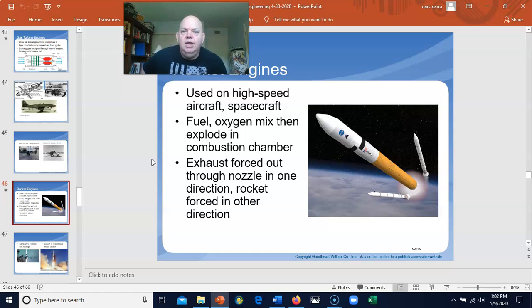Rockets. Okay, rocket engines. So we use those on high-speed aircraft and spacecraft. Really, you have the fuel, but you have oxygen mixed in with the fuel. How come? Well, the fuel needs the oxygen in order to burn, in order to ignite. If it's in space, we need that oxygen in there so that it actually has something to combust with.